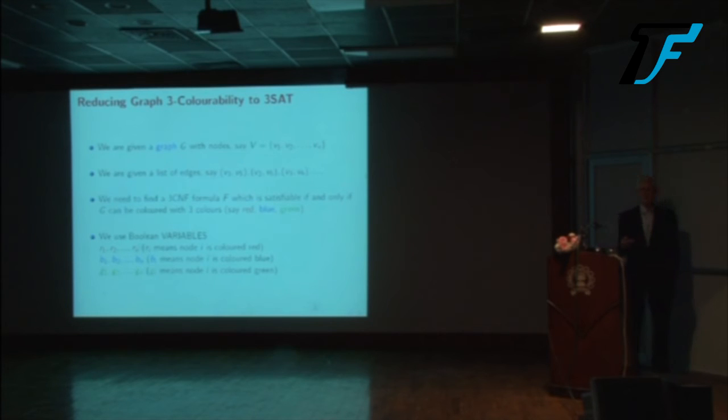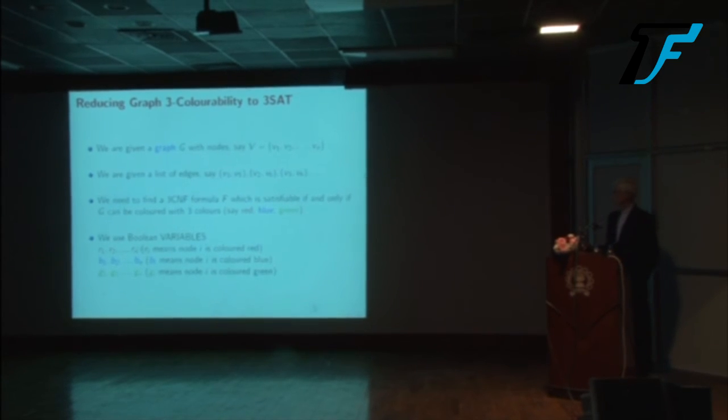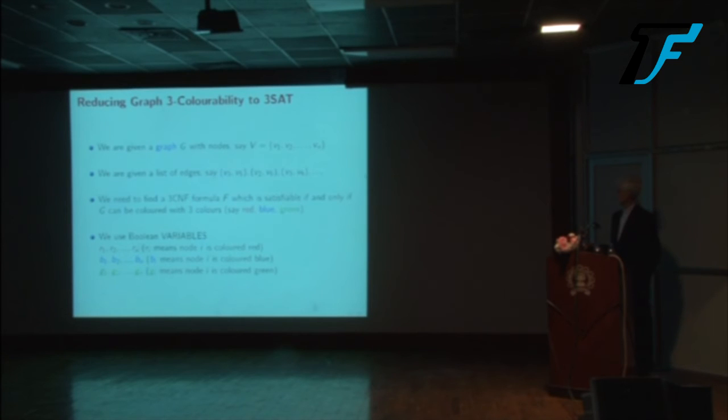If Ri gets assigned true, it means that node i is colored red. If Bi is true, it means node i is colored blue. And if Gi is true, it means node i is colored green.